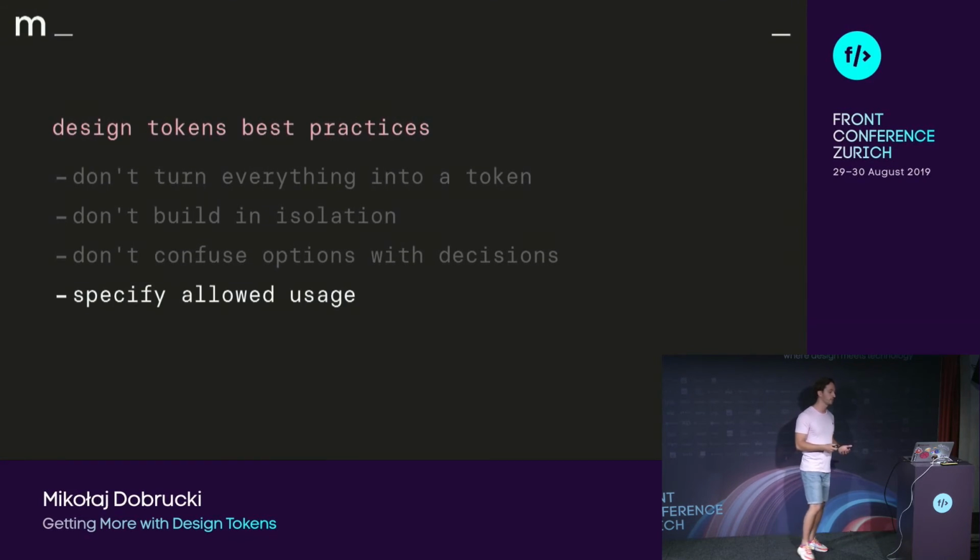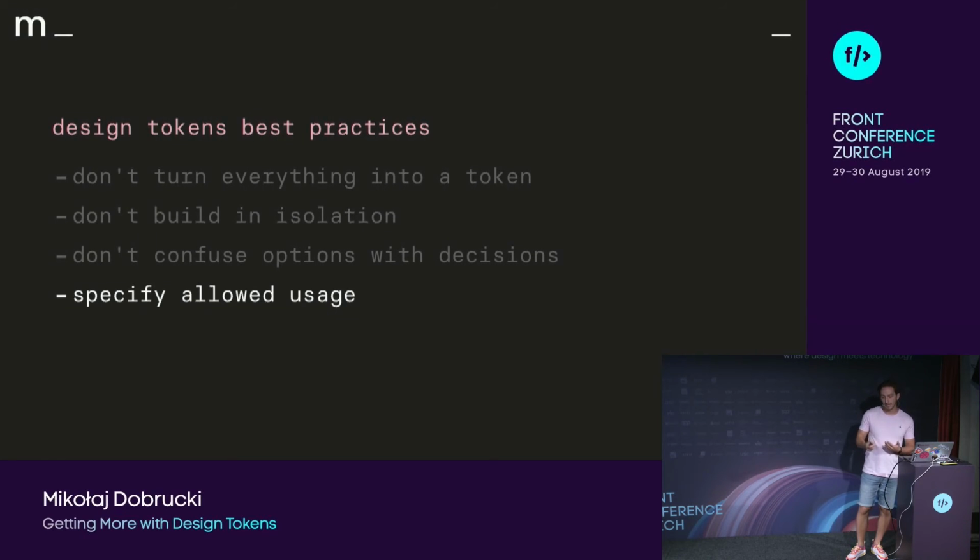Because once you start using tokens without fully understanding their meaning and purpose, they stop being useful. Because later somebody will change the token from light to darker or whatever, thinking that this is just a border, and suddenly some text disappears in another part of the project. So yeah, it's really, really crucial to be very specific about how each token should be used.